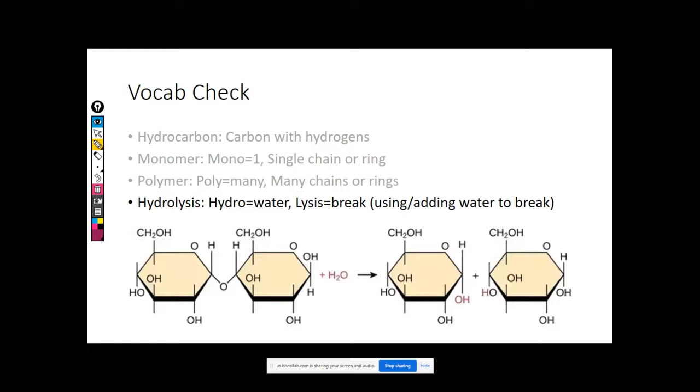So literally, hydro, taking water, and I'm going to lyse or break. Lyse means to break or burst. The other way I remember this is hydrolysis is 1 word, and my starting product here is 1 big starting product.